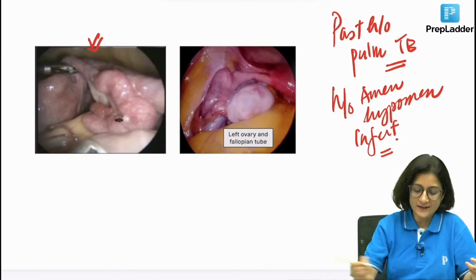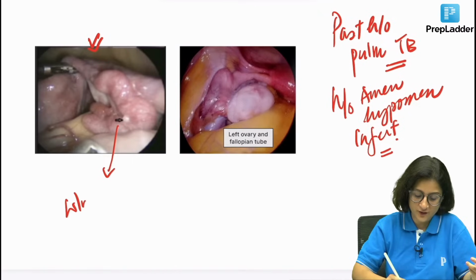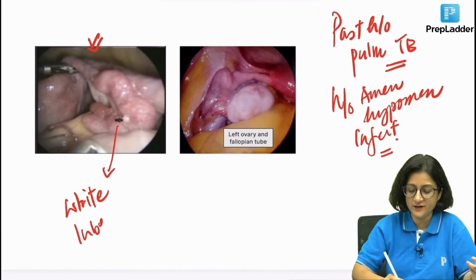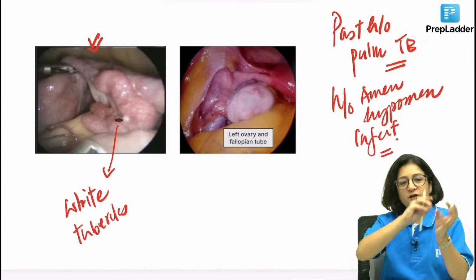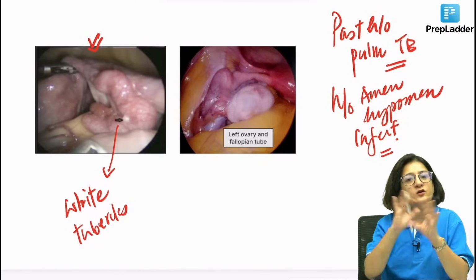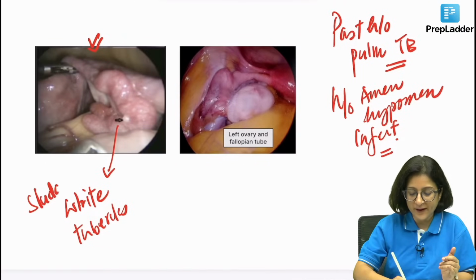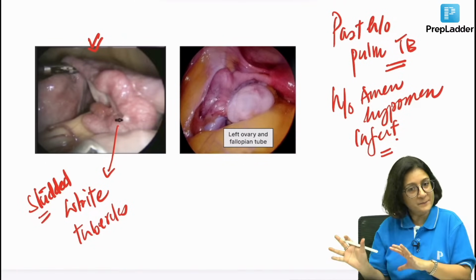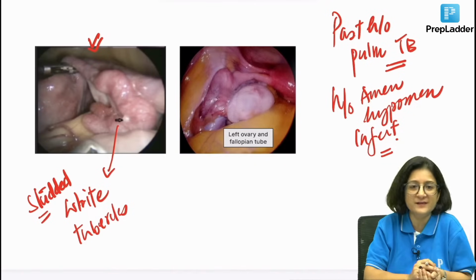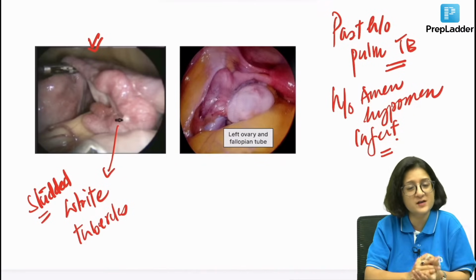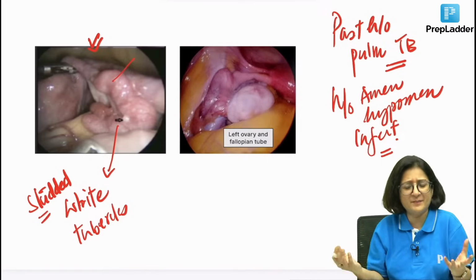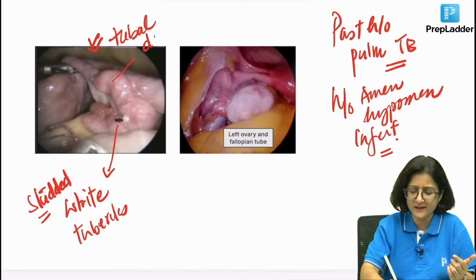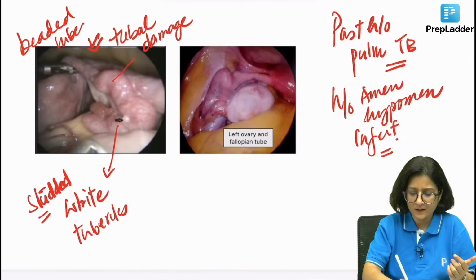Secondly, you can see this laparoscopic image, you can see these white tubercles. So you can have the peritoneum of the tubes and the uterus, the serosal lining, studded with white tubercles. Okay, so if this classic image is given, then only you can say genital tuberculosis. And you can also see that the tubes are damaged. There is some degree of tubal damage, and you will see beaded tubes, right?